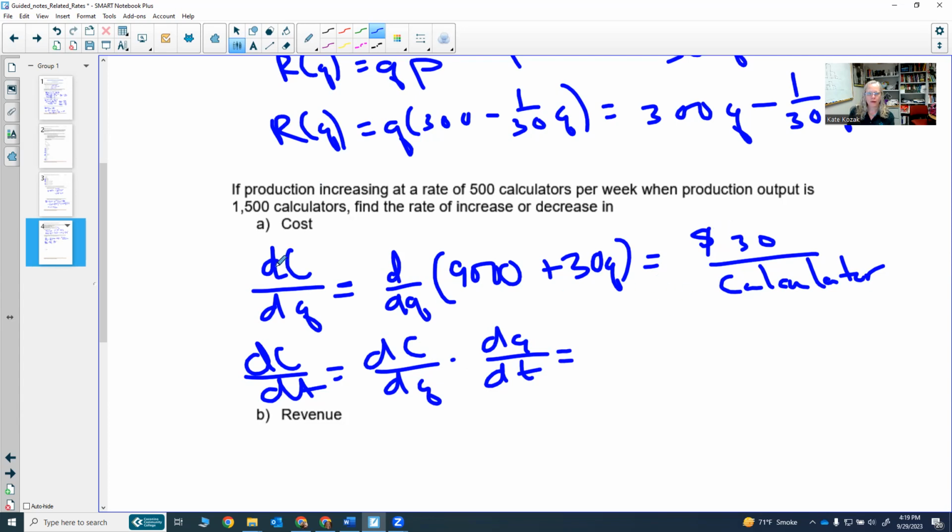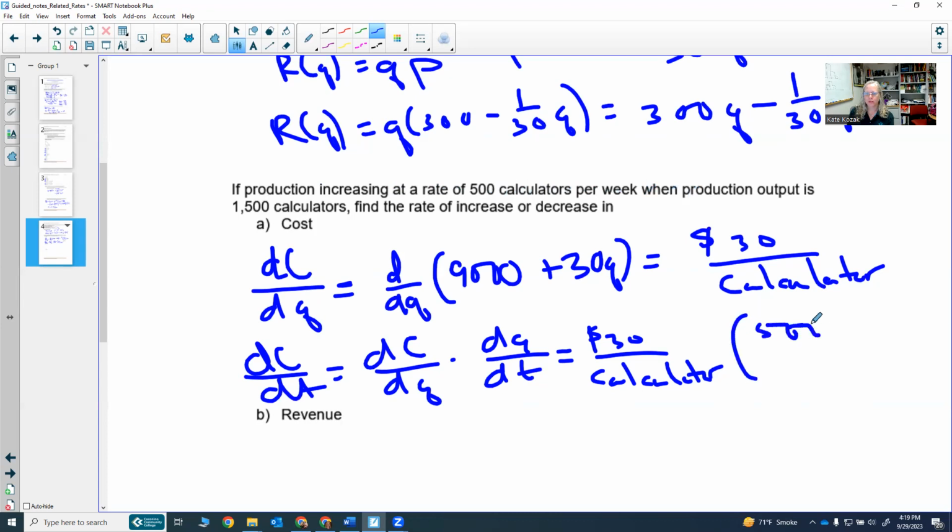We just found dC/dQ to be $30 per calculator. We need to also multiply that by dQ/dt, but we're told that the production increases at a rate of 500 calculators per week. So that is dQ/dt.